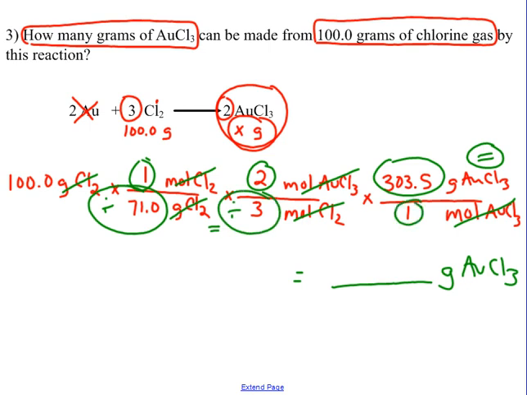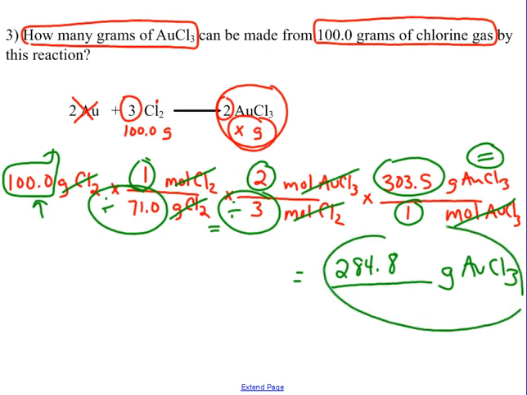And then, of course, dividing by 1 doesn't change a thing, so that's not a necessary step in your calculator. If you've done the key stroking and the inputting of your numbers correctly, you should end up with an answer to 4 significant figures, because our original number was 4 significant figures, to be 284.8 grams of AuCl3.